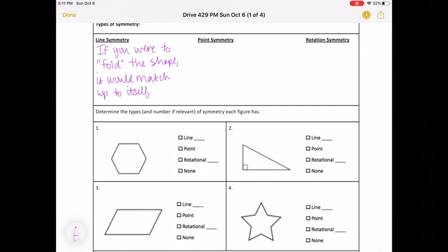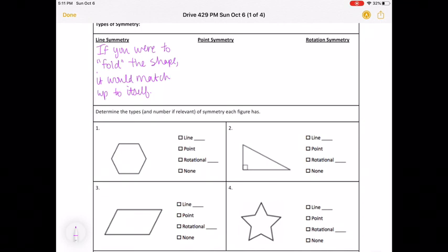Okay, so again, that's like the one that you're most familiar with, probably, is just the line of symmetry, okay? All right, I'm actually going to skip to rotational first over here and then come back to point.